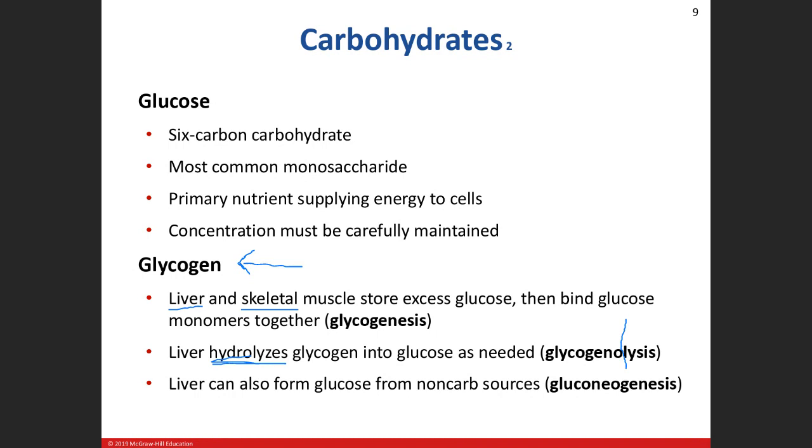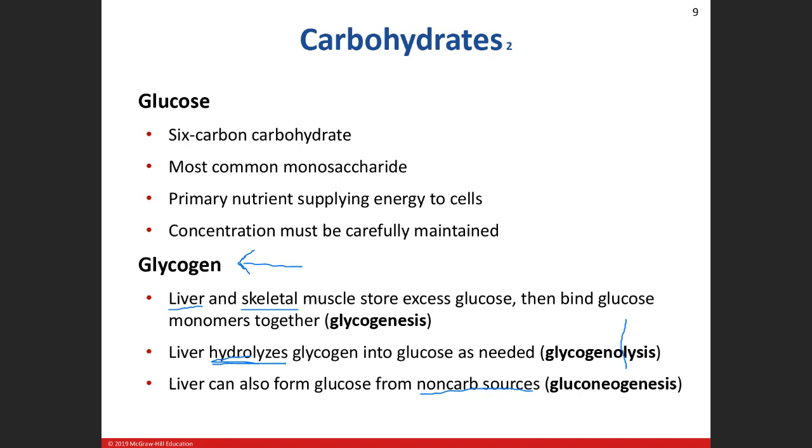Now, when we're in a situation where we've run out of glucose and yet we still have tissues in the body saying, hey, I want some glucose, go find me some, your liver says, I've got one better. I'll go make you some. It's going to recruit non-carbohydrate sources. Lactate is an example, and amino acids are another example.